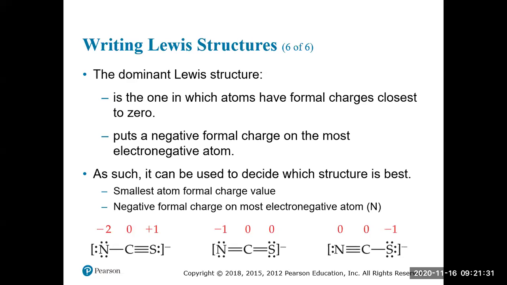So we've satisfied the first criterion, the smallest formal charges, in other words closest to 0, and now we've satisfied the second thing we look for, having that formal charge residing on the most electronegative atom. So in this example, the one in the middle, the C double bonded to nitrogen and C double bonded to sulfur, would be the one most favored based on our Lewis structures and the formal charge calculations that we could do.